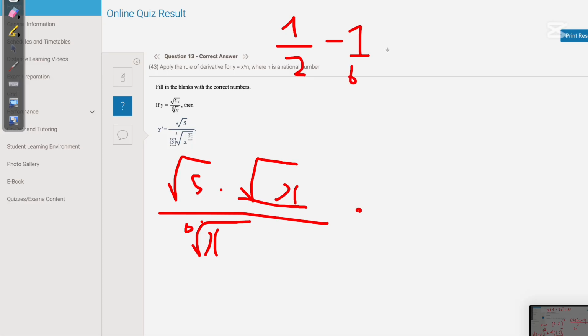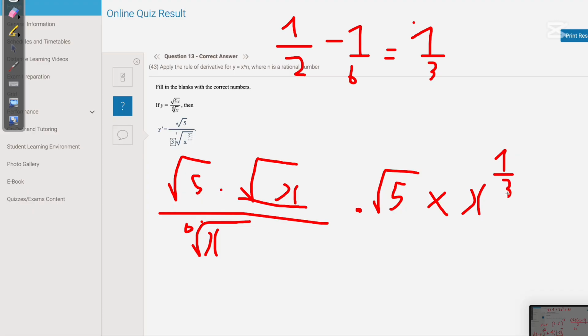Let me just do it on the calculator. 1 over 2 minus 1 over 6 is 1 over 3. So it's radical 5 times x to the power of 1 over 3.